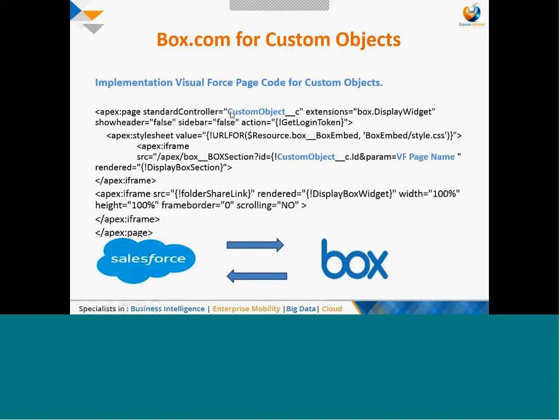You are going to change the custom object name that you are going to integrate, as well as the custom object ID, and as a parameter, you are going to pass the Visualforce page name. These are the three main changes you are supposed to make for each and every custom object. This code is in the form of a PDF for the webinar, ready, as well as this Visualforce page.